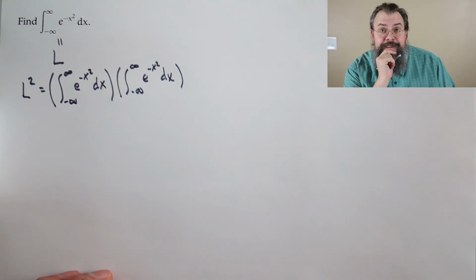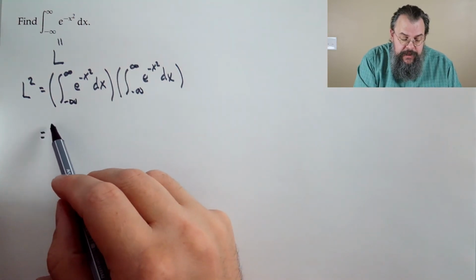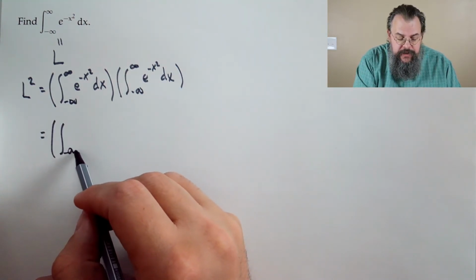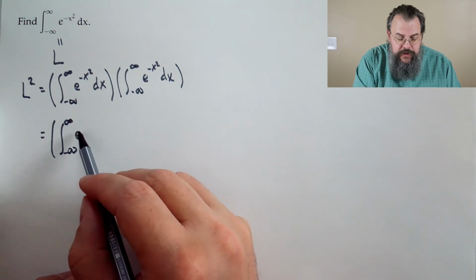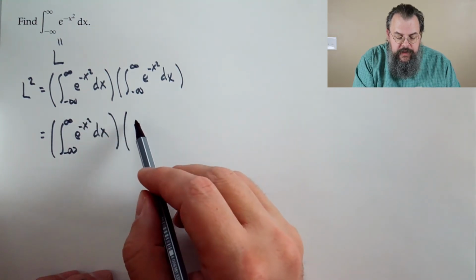Now, here's the next thing. And you'll either just completely accept this at face value, or you might have to think about it for a second. I claim one thing we can do is just change the name of one of the variables here.